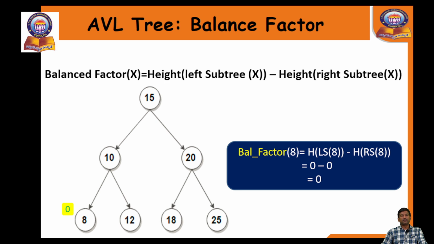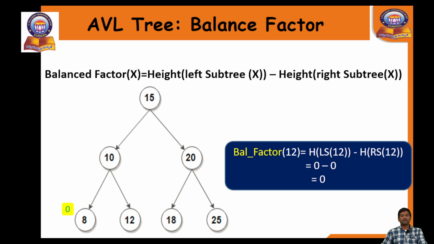Similarly, if you consider the balance factor of the node 12, since it does not contain any children, no left subtree or right subtree is present. That is how the balance factor of 12 is given as 0. So for all the leaf nodes, the balance factor is 0.